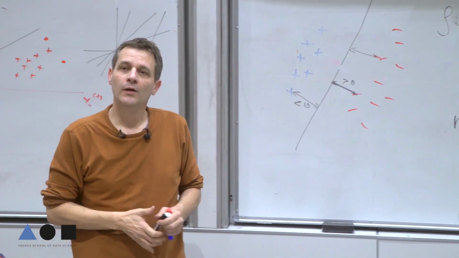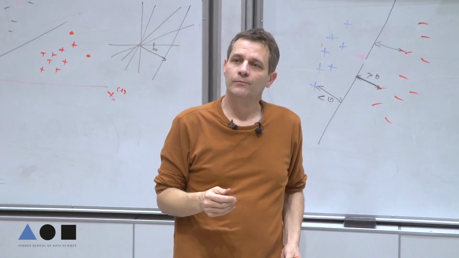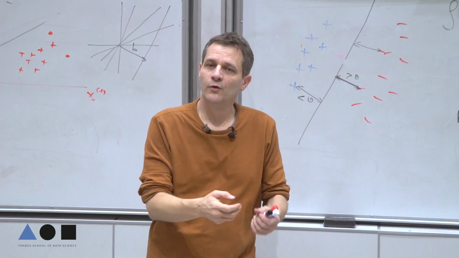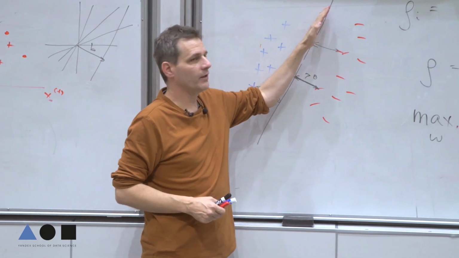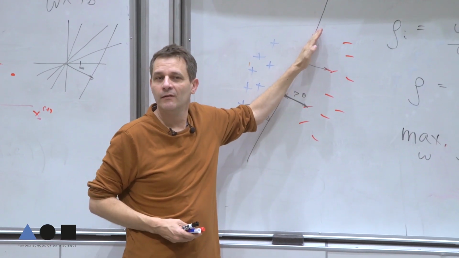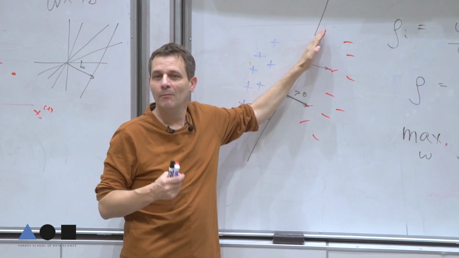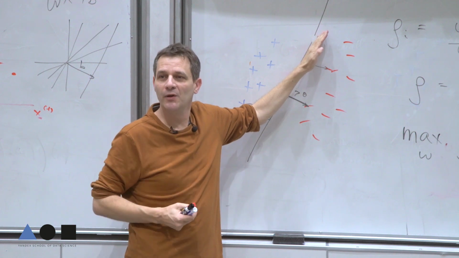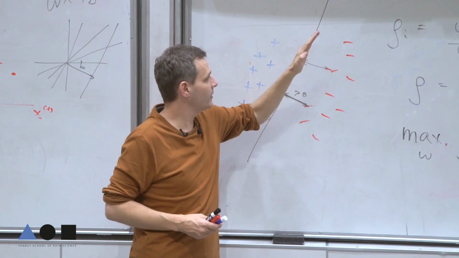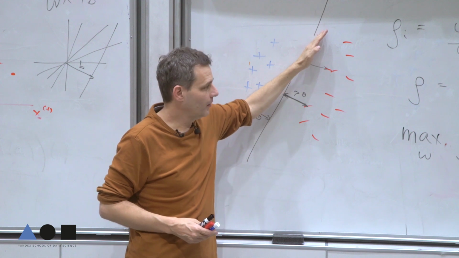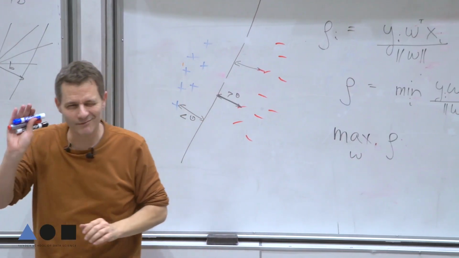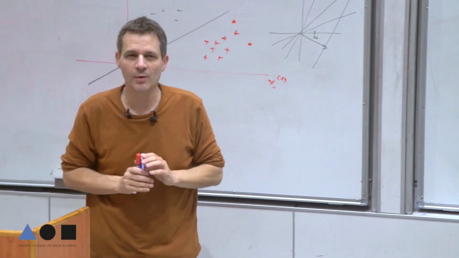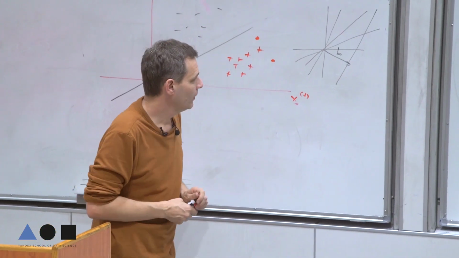And now, if you have a W, if you have a separating hyperplane, by multiplying the entries of W by a scalar, it just keeps it in place, and it also doesn't change the margin. Let me talk about this again just for a second.